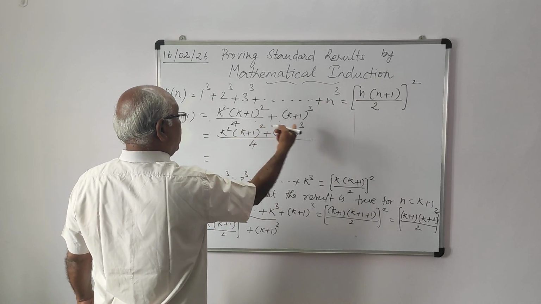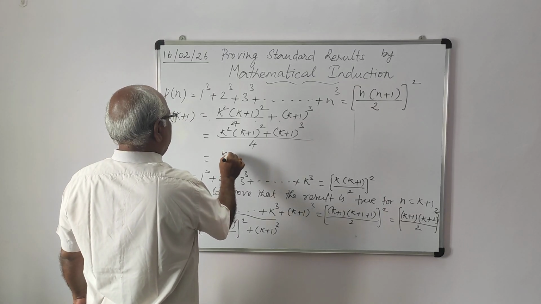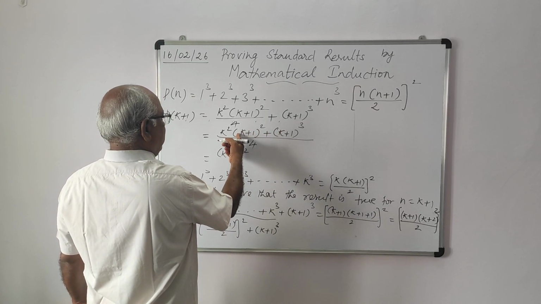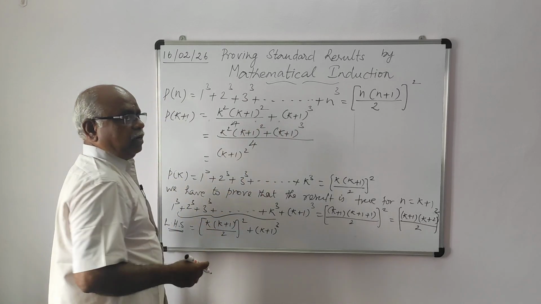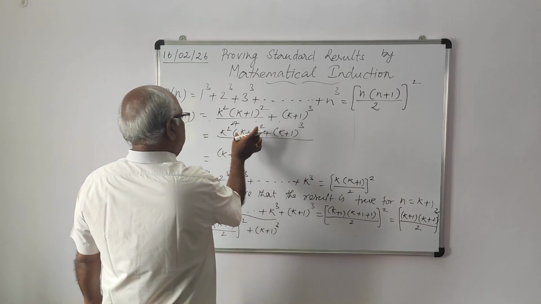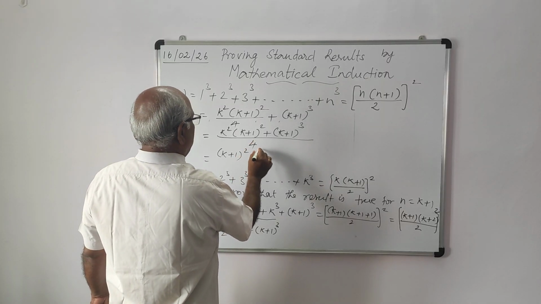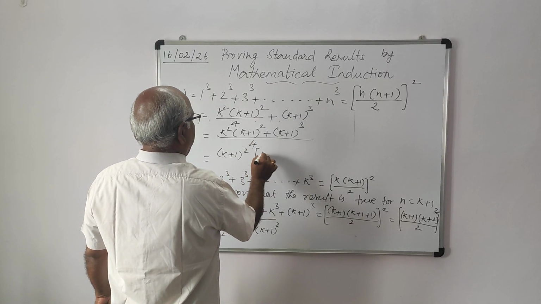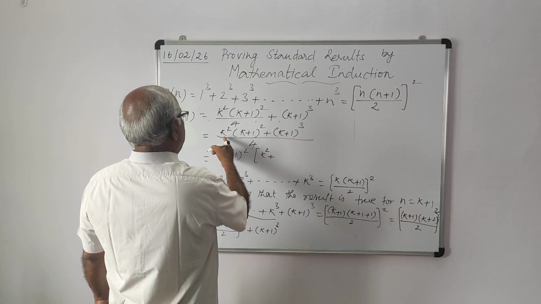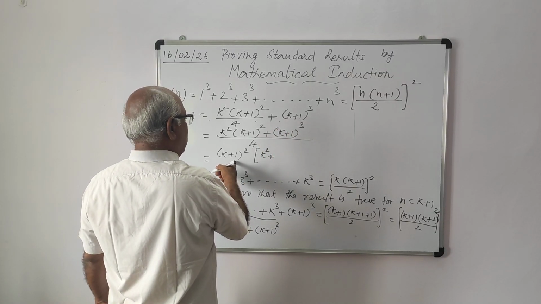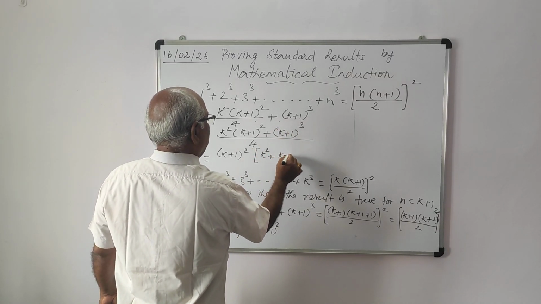(K plus 1) whole square, we can take as a common term in both the terms. (K plus 1) whole square is common. So from (k plus 1) whole cube, taking (k plus 1) whole square common, we will get only k plus 1.